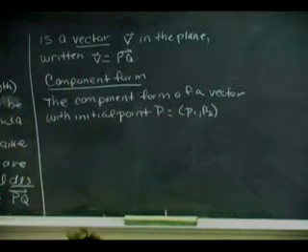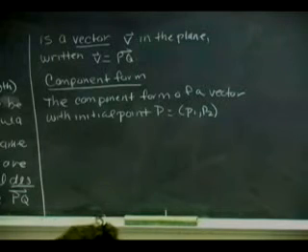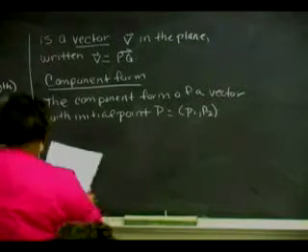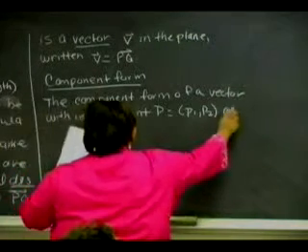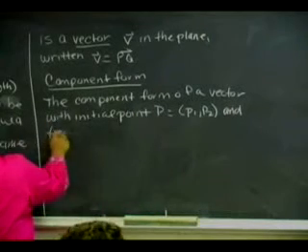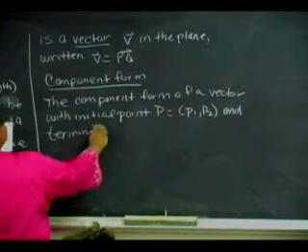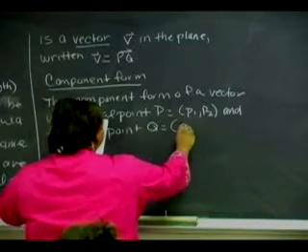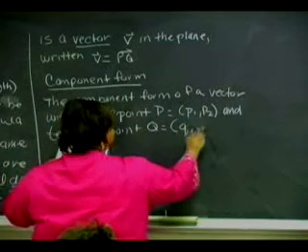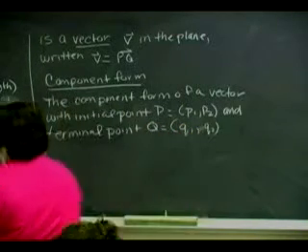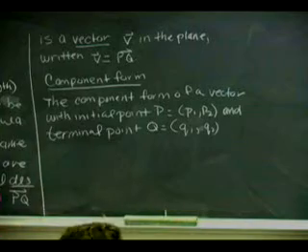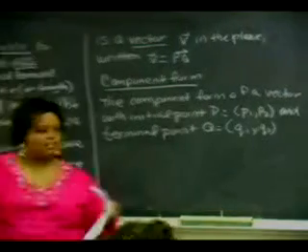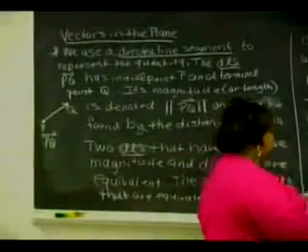Our same initial point here, and terminal point Q, which is Q1, Q2. This is like our terminal point. Where our arrow ends, that's our terminal point, okay?